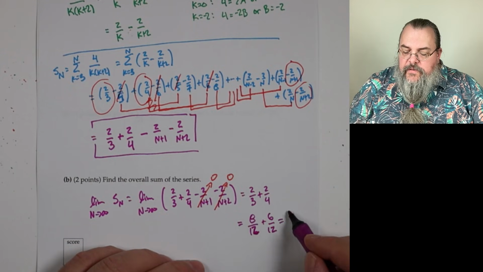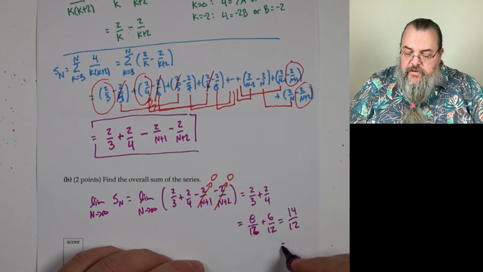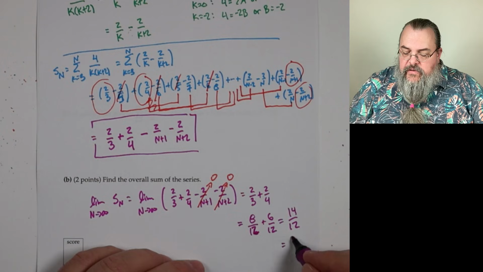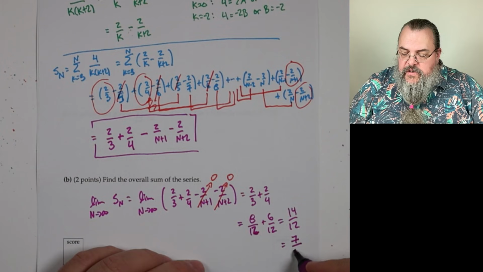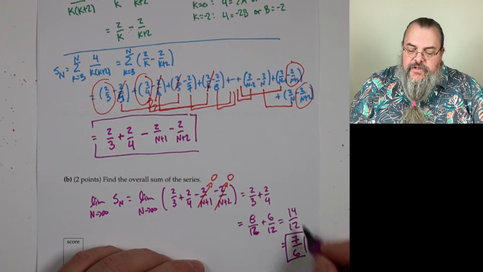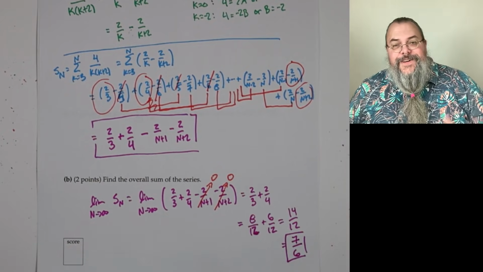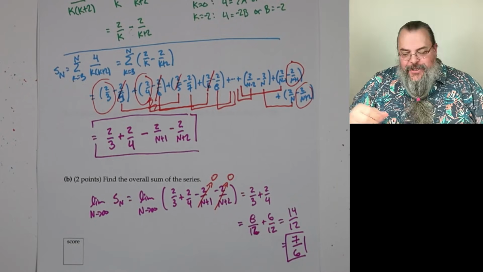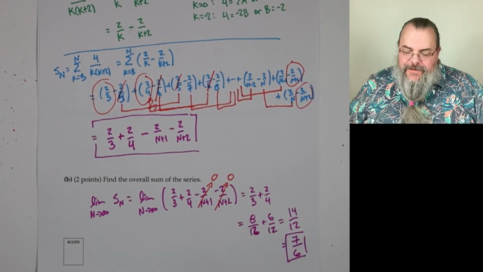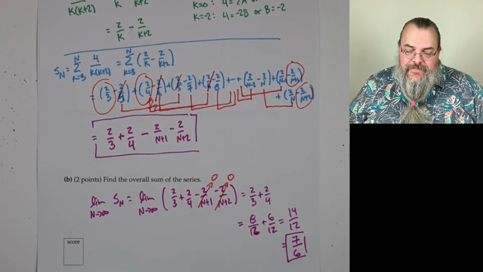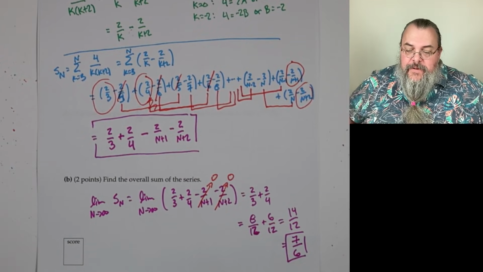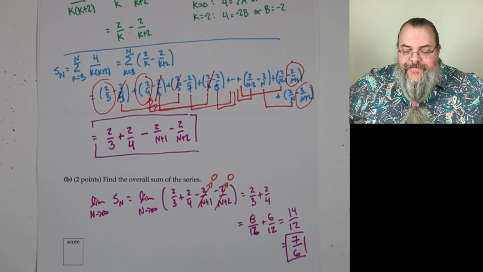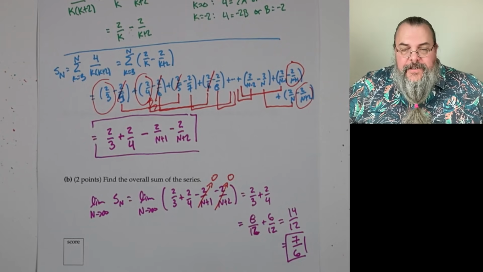That makes it 14 over 12, or we can divide by 2, 7 over 6. I probably should have noticed that 2/4 is a half. I could have made that simplification earlier. Ugh. All right, well, but we got there in the end. So it sums up to 7/6. And there you go.